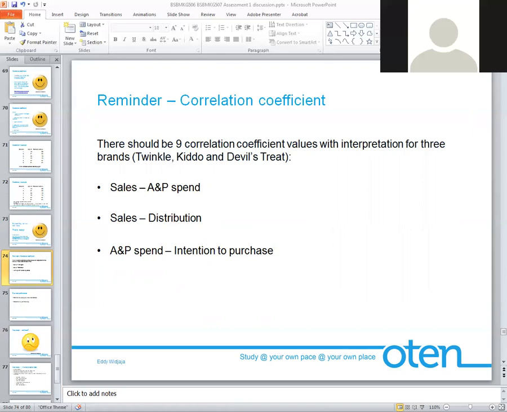Therefore, to make life easier, I would recommend you to copy and paste all data that you need to analyze from the assessment brief onto your spreadsheet. You can create graphs and perform the stats, including mean score, forecasting, and also correlation coefficient easily.